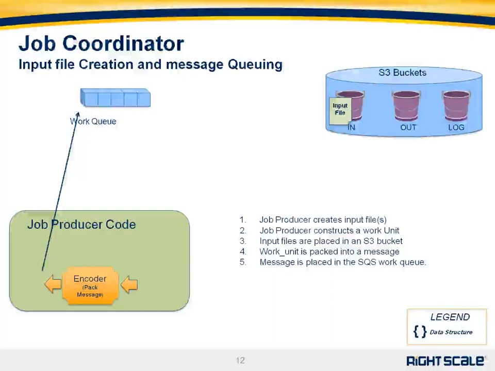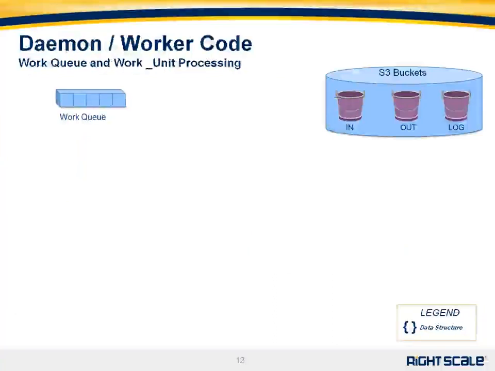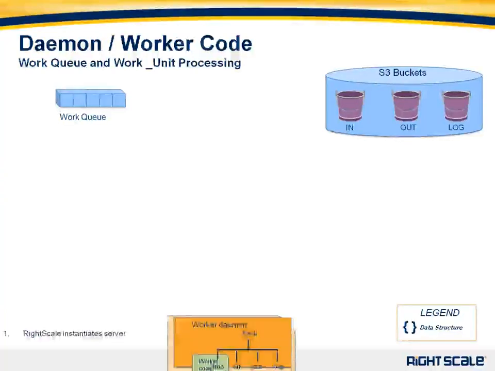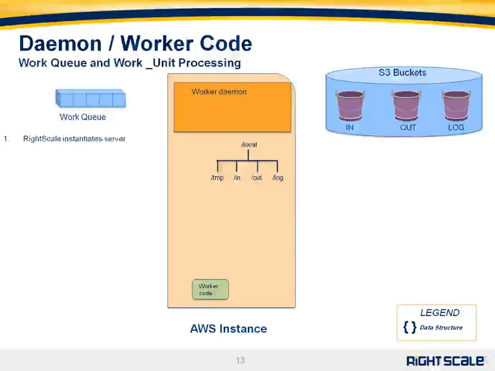No, that's right. Okay. So let's move on and take a look at the next step, which would be the actual work queue and work unit processing. So now that our inputs and work units are loaded into S3 and the SQS queue, let's take a look at the flow around the processing itself. So first, RightScale, based on automation settings that you as a user can configure, will instantiate an environment.